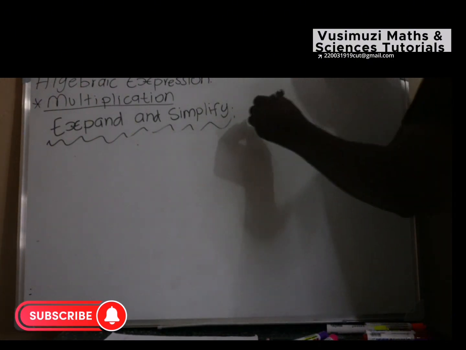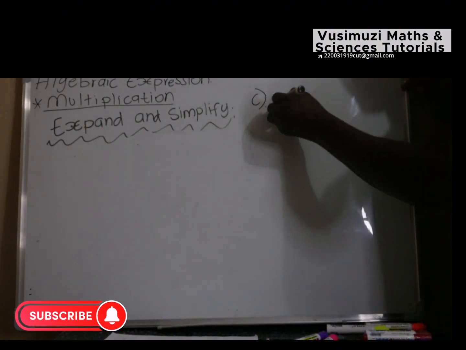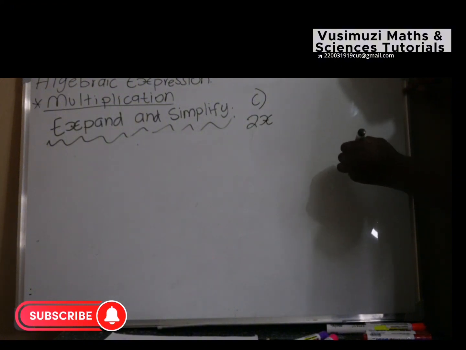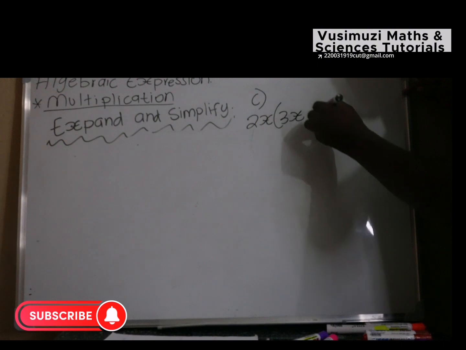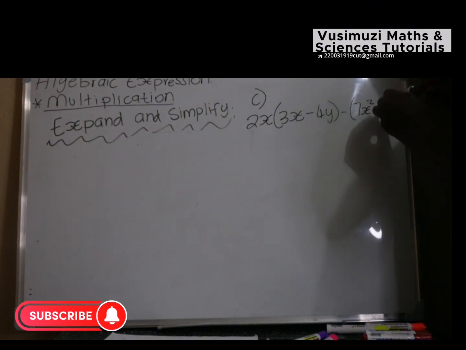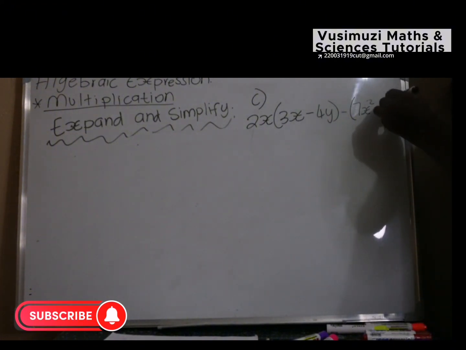You've got 2x into 3x minus 4y, and here minus 7x squared minus 2xy.